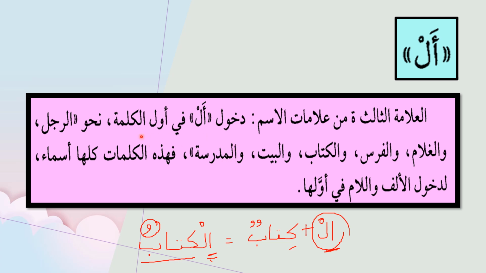So here are some examples. في أول كلمة: الرجل، الغلام، الفرس، الكتاب، البيت، المدرسة. So here in these nouns, you won't see any harakat on the last letter. Because there is nothing before lam at-tarif, for example, no harf jar, no particles, so it will not change its haraka. In this default position, what will happen?